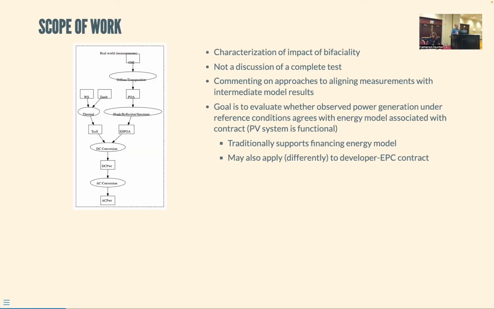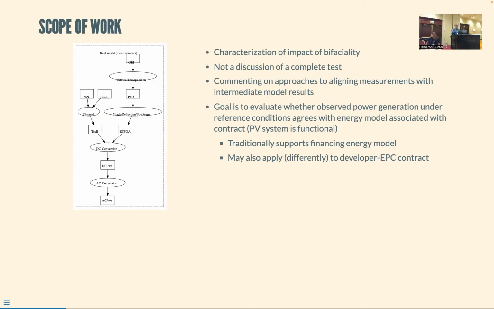There are a number of ways that you can try to create an alignment between what you see in the field and what you've got in your model. And ASTM has a history of primarily focusing on POA irradiance. It's kind of this generic POA irradiance, but there's a lot of subtleties about how that could potentially be measured.